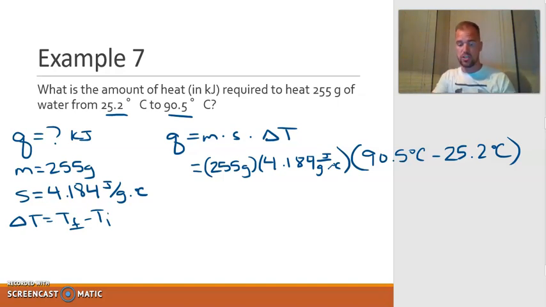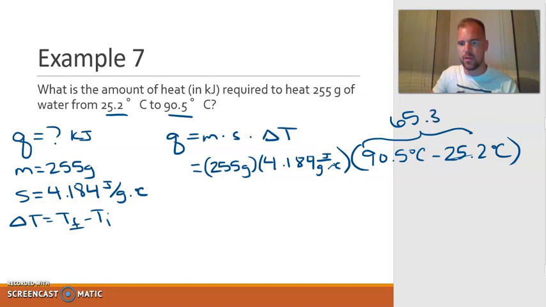Because of order of operations, I'm going to do the subtraction first. 90.5 minus 25.2, the change in temperature, increased by 65.3 degrees Celsius. Now, my answer here should have one decimal place. So I'm subtracting, I need to use subtraction sig fig rules.